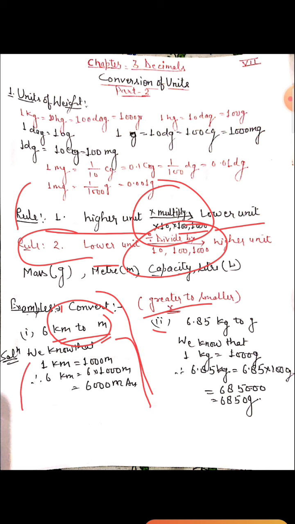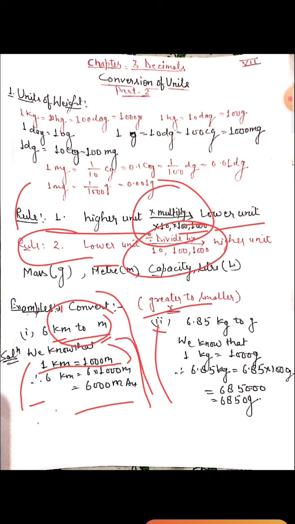If you remember units of length, you can easily find how many meter in 1 kilometer, 1000 meter. So we know that 1 kilometer is equal to 1000 meter. Therefore 6 kilometers equal to 6 multiplied by 1000, then 6000 meter.